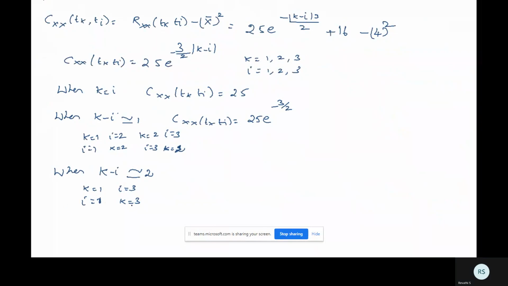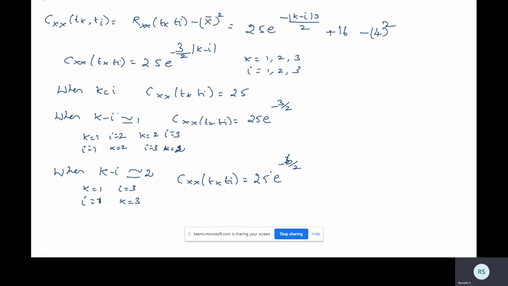In this combination, k minus I is 2, so modulus of k minus I will be equal to 2. Therefore Cxx of Tk comma Ti is nothing but 25 e power minus 3 into 2 divided by 2. We can write it as minus 6 by 2 directly, or you can write it as e power minus 3 only. Just so you don't get confused, it's only minus 6 by 2.